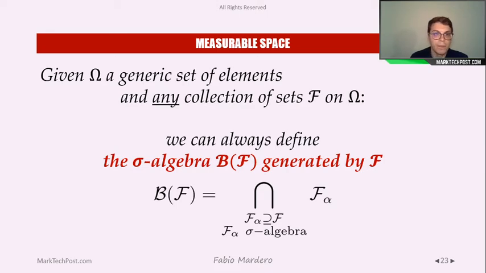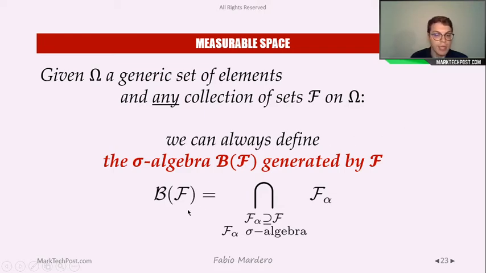So now, given the generic set of elements omega and any collection of sets F, so in F we have a lot of subsets of omega, we can always define a particular sigma algebra that will be indicated as B of F, which is the sigma algebra generated by F, the collection of sets of omega.